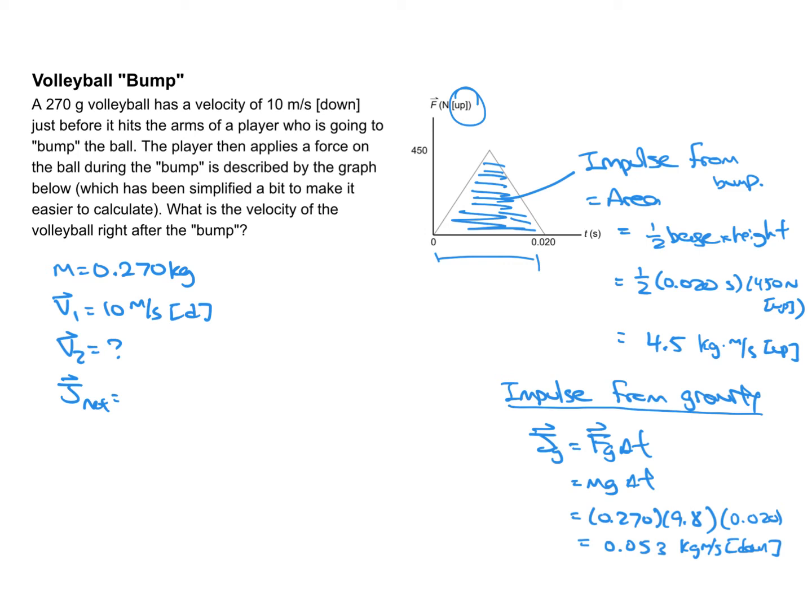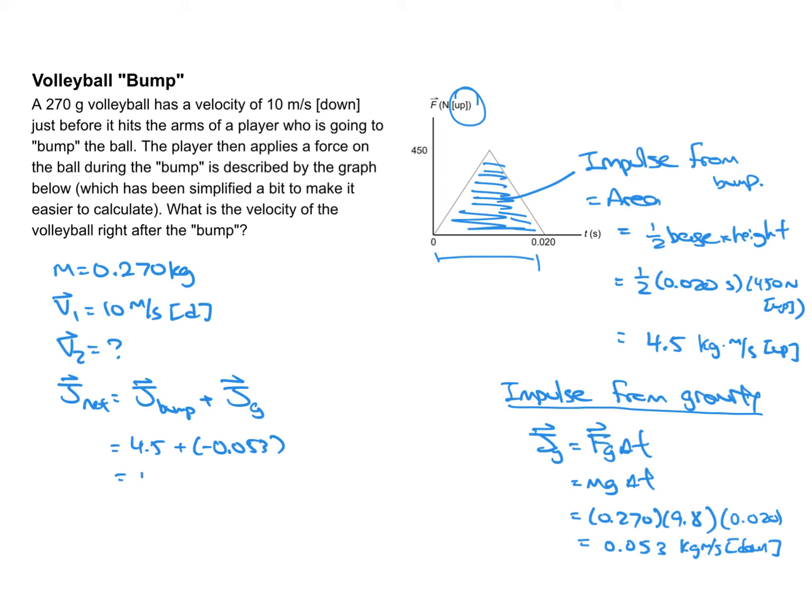But since we calculated it, let's just get the whole thing. So the net impulse would be the impulse from the bump plus the impulse from gravity. That would be 4.5 plus negative, because gravity's is down, negative 0.053.